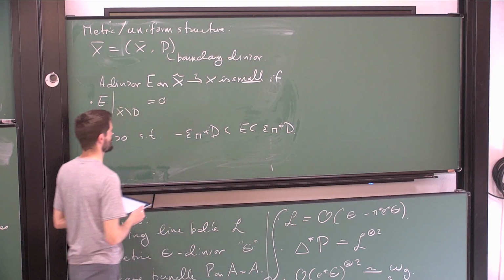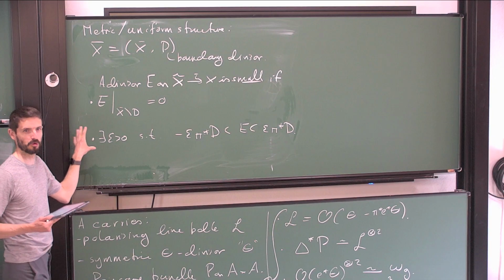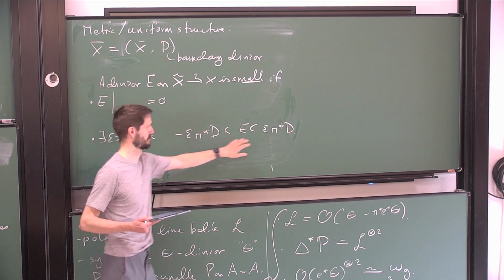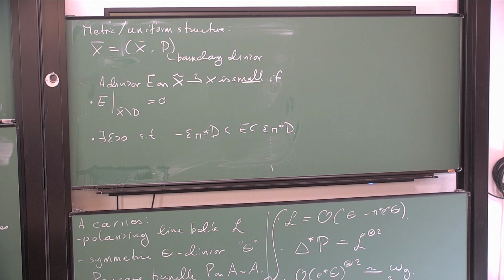Of course, I've totally failed my analysis 1, right? This isn't how you do quantifiers, but I hope the idea is clear that the small ones are the ones which are trapped between small multiples of the pullback of this divisor. Sorry for the failed quantifiers.